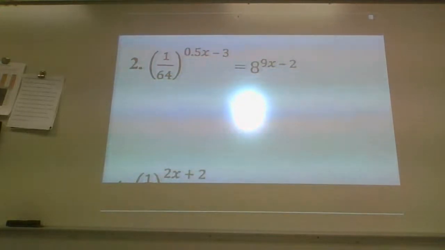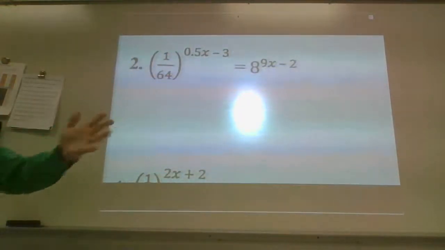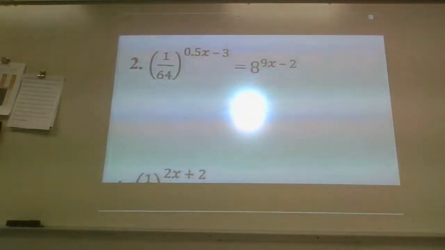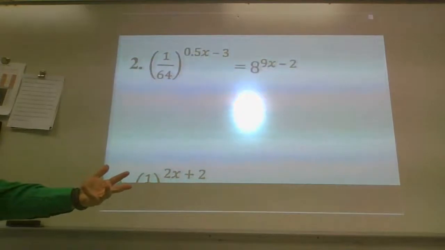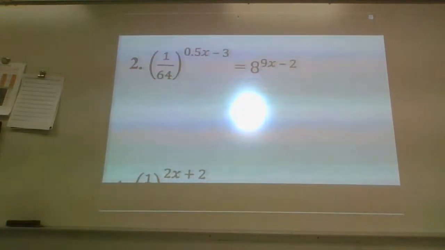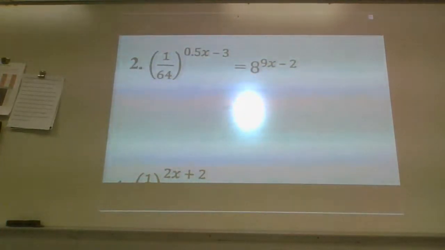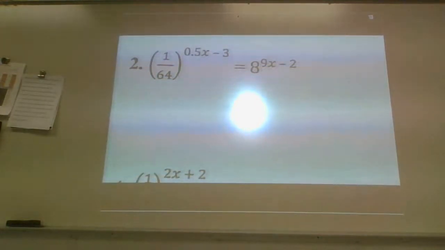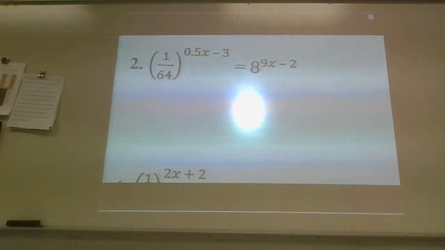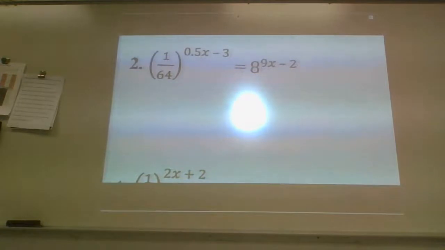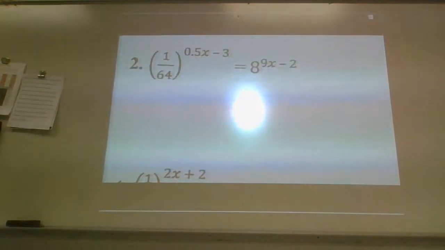Now, before, I showed you a problem that had 2 on one side and 8 on the other. And eventually, we were able to discover the fact that 8 is nothing more than 2 cubed. Ooh, we got a little bit of an issue here.